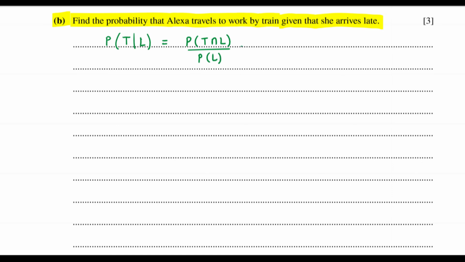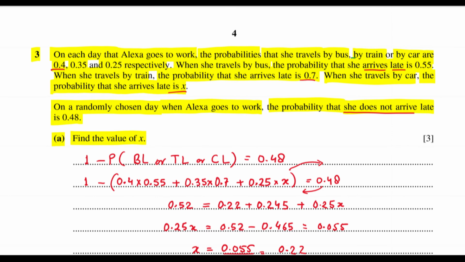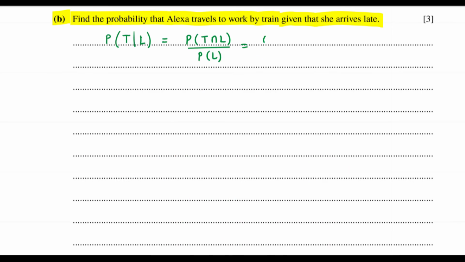So traveling by train, we can see from the question, is 0.35 and getting late is 0.7. So this is 0.35 multiplied by 0.7, not 0.07, I said 0.07 lastly, it is 0.7, divided by the probability of getting late, which was given in the question itself in the previous part.